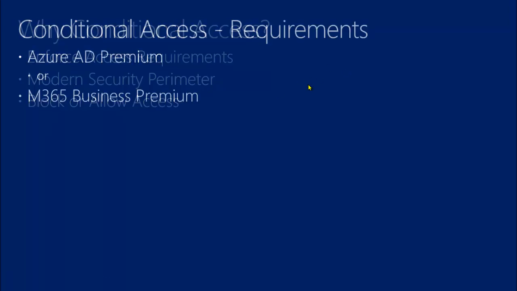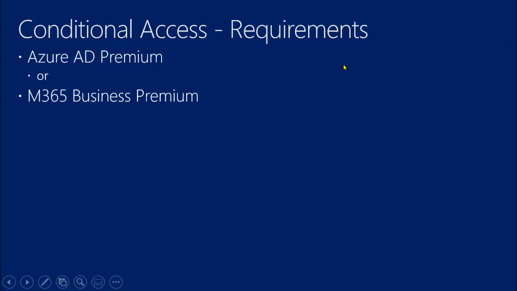So what are the requirements for conditional access? Well, it's really pretty easy. You either have access to conditional access or you don't. You do need Azure AD Premium or M365 Business Premium to be able to access conditional access in your tenant. And then from there, you can configure it and start to use it the way that benefits your organization, right?